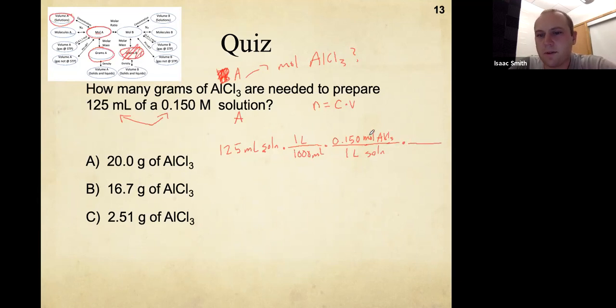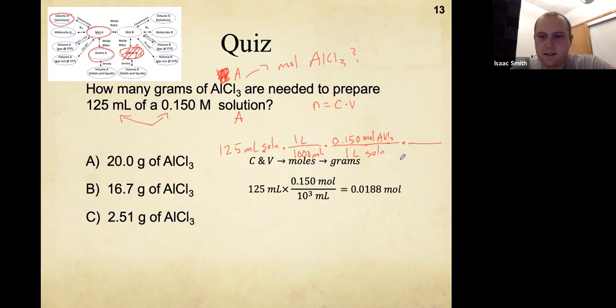And then we can convert from moles of aluminum chloride into grams of aluminum chloride using the molar mass of aluminum chloride, which I don't know off the top of my head. What is it? 133.5 grams for every 1 mole. So milliliters cancel, liters cancel, moles of aluminum chloride cancel, and we're left with grams of aluminum chloride.